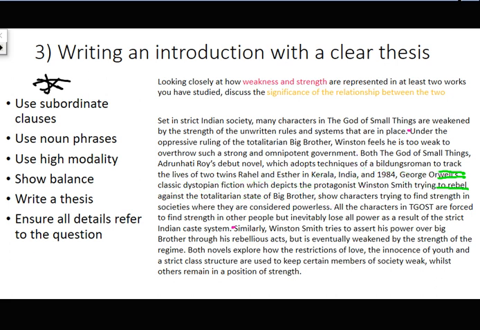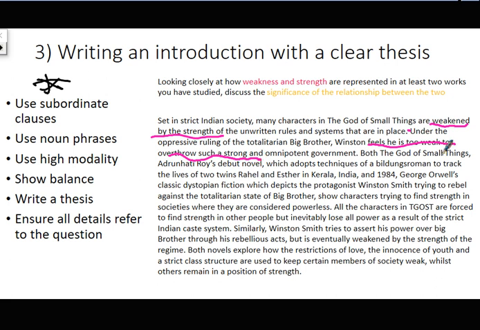And ensure that every detail that you give refers to the question. There's no point giving pointless information about a text that isn't important to what you're going to say about it. So instantly we've got weakened by the strength and feels he is too weak to overthrow such a strong government.